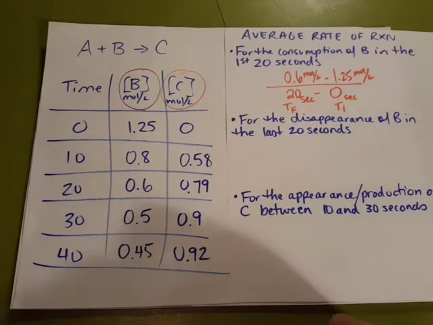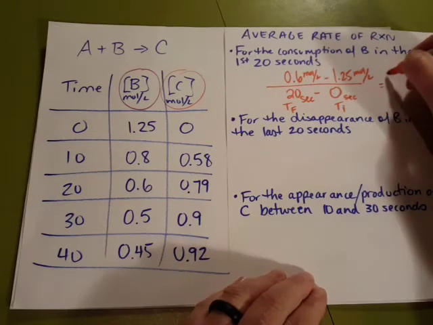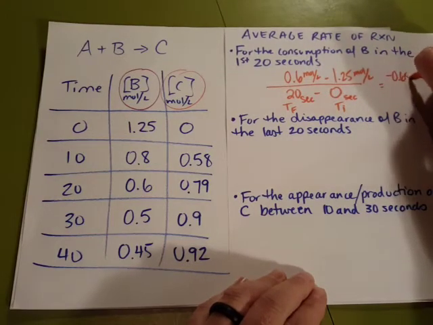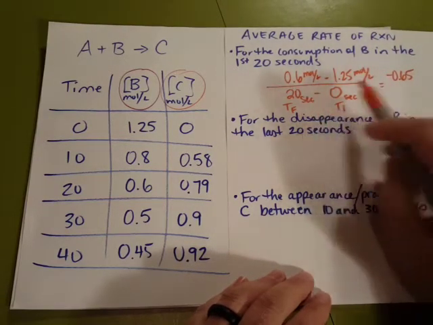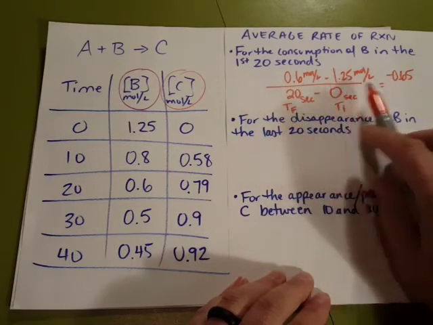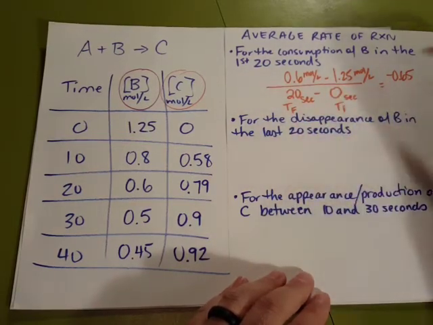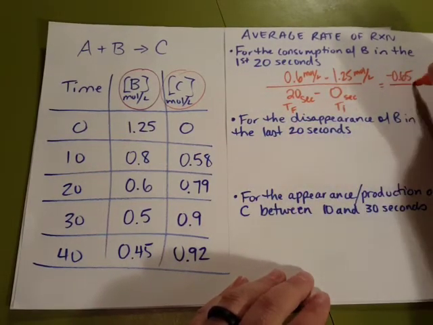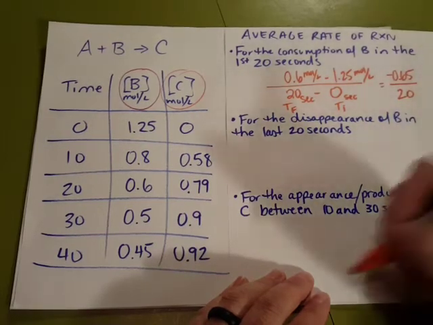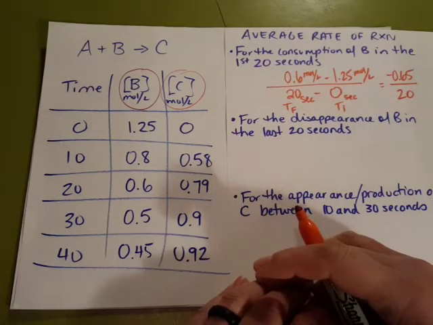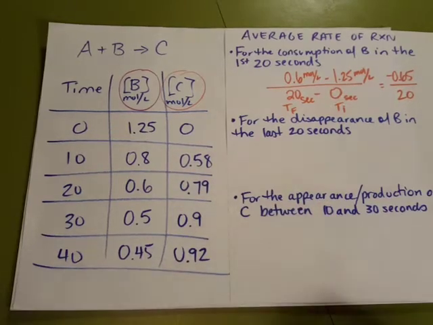So this is really interesting. If you use your calculator, you're going to do a subtraction and you're actually going to get a negative number. So don't swap them around. Do them the way that they are from left to right. You do get a negative number. But when we talk about rate, we always talk about rate as a positive.